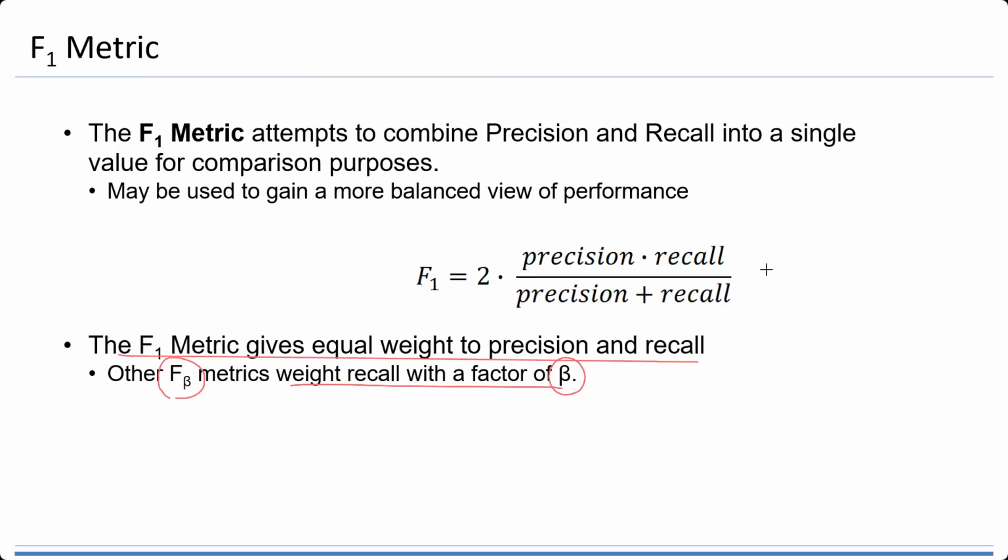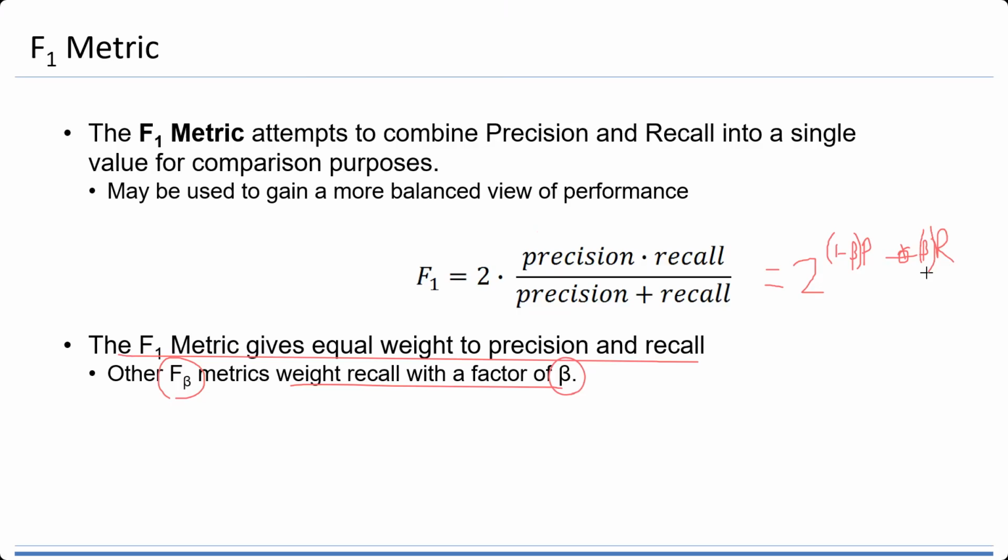So in the formula, usually we have 2 multiplied by precision multiplied by recall, and we have 1 minus beta multiplied by precision, and this one we have beta. So if the beta has the higher weight, then we can say recall is higher than precision.